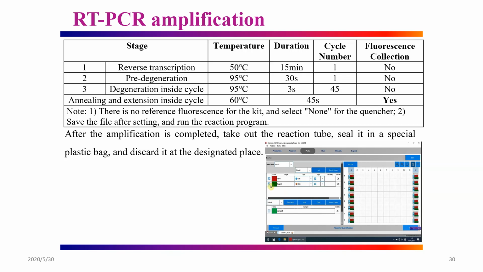Then, our first column of the wells and the 12th column of the wells will simultaneously detect two target genes corresponding to the two fluorescent dyes, and then we can fill in the sample name of each well below.